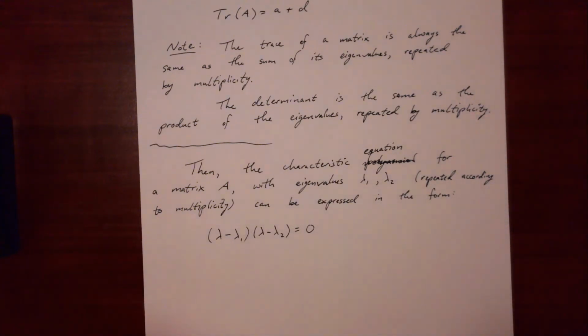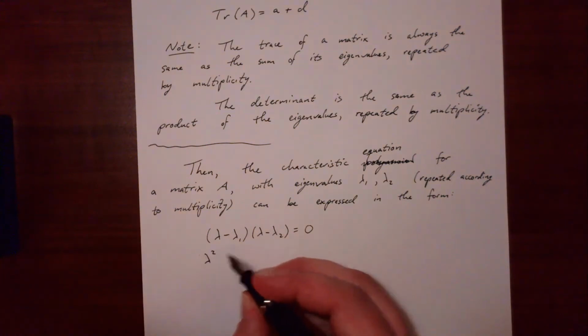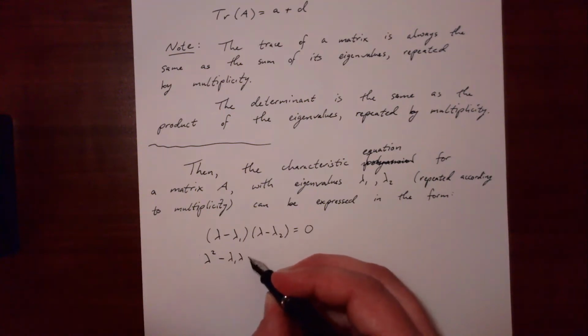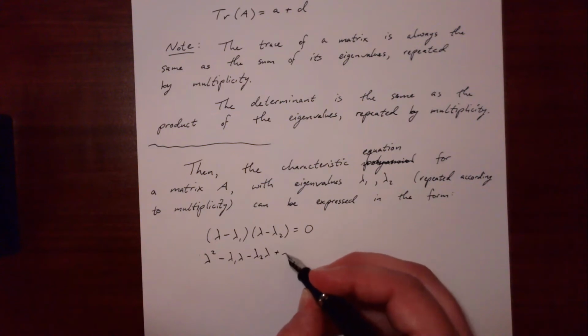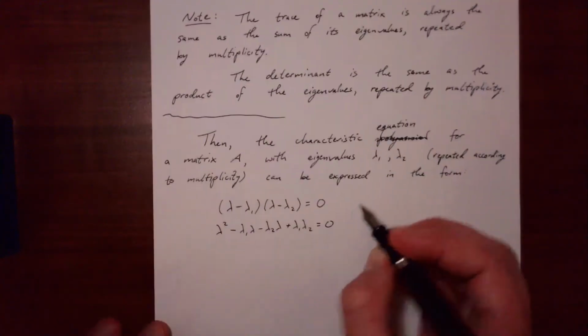So this is just the natural factored form of a polynomial with roots at lambda 1, lambda 2. And then if we FOIL it out, it would be lambda squared minus lambda 1 lambda minus lambda 2 lambda plus lambda 1 lambda 2 equals 0.